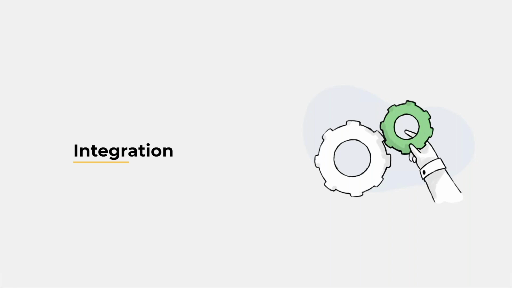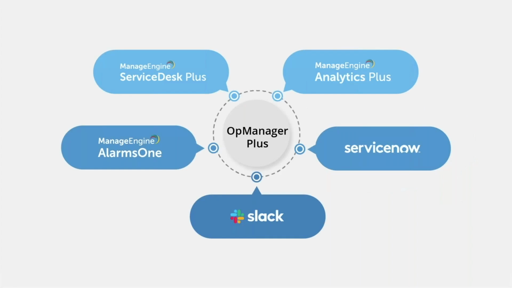Email is one, SMS is one, and in case you have, let's say, Service Desk Plus or any help desk tool like ServiceNow, there is an option where you can integrate that with the OpManager solution. We have various integration solutions like Service Desk Plus, Alarms One. You can even integrate with Slack, ServiceNow, and ManageEngine Analytics Plus.